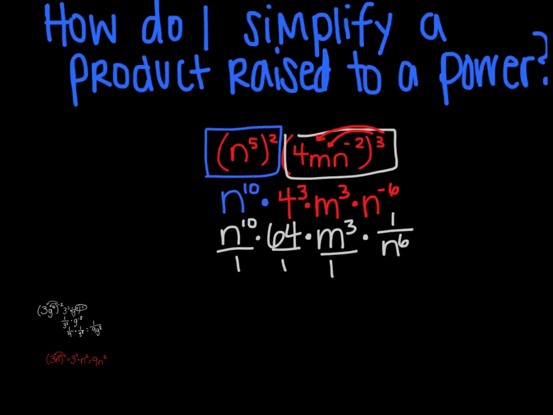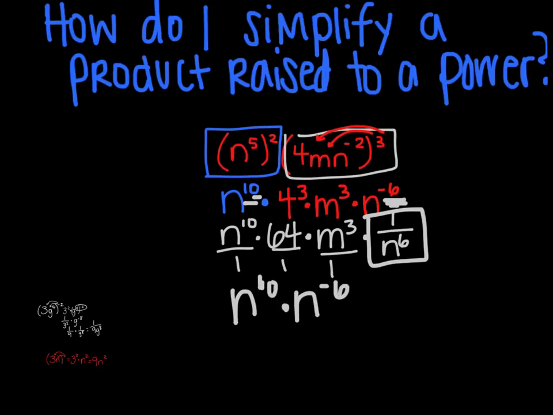And I was tempted, you can do this, where you have 1 over n to the 6th. However, if you notice, you can simplify this even more because we have n to the 10th times n to the negative 6th. So if you recognize that, this is going to make your math a little bit easier than changing it into a fraction.